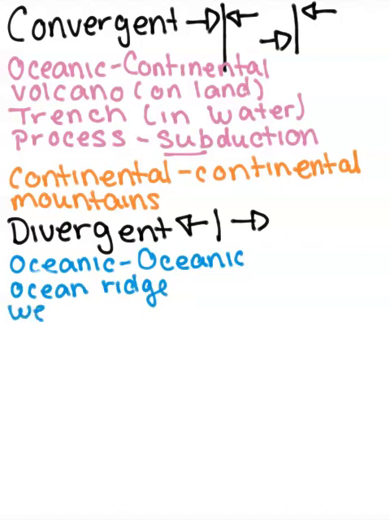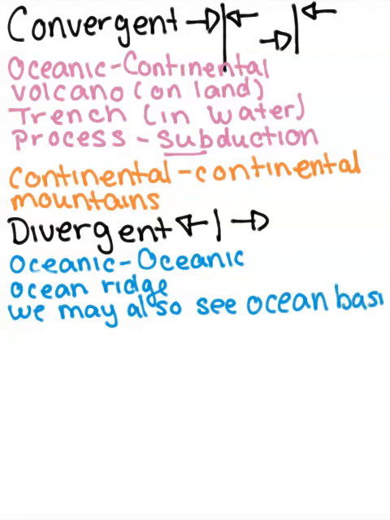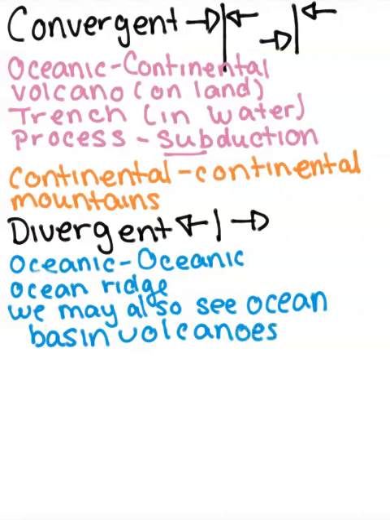We may also see ocean basin, volcanoes, and these are just volcanoes that are occurring on the ocean floor, so they are not the volcanoes that are occurring on land.